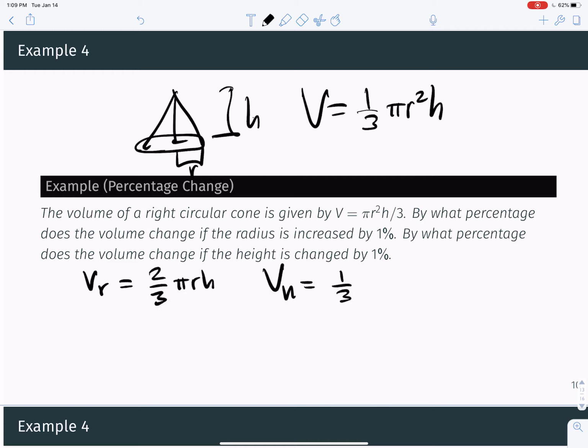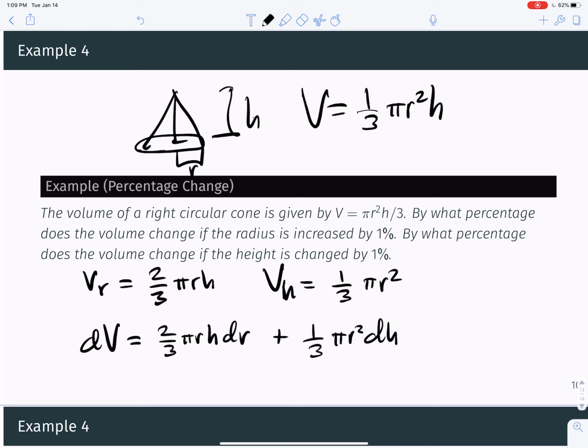Well, that's 1/3 pi r squared, just taking the partial derivatives. And then dV should be 2/3 pi r h dr plus 1/3 pi r squared dh, right? That's your V_r dr and your V_h dh. This is how we would do the last problem.